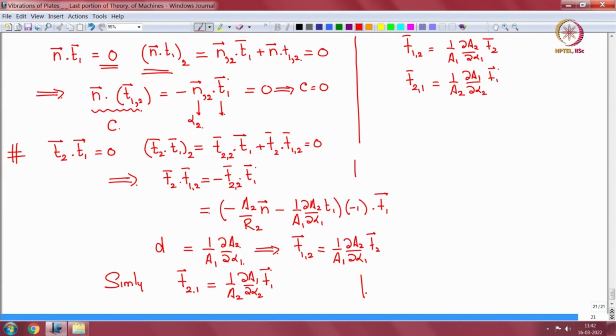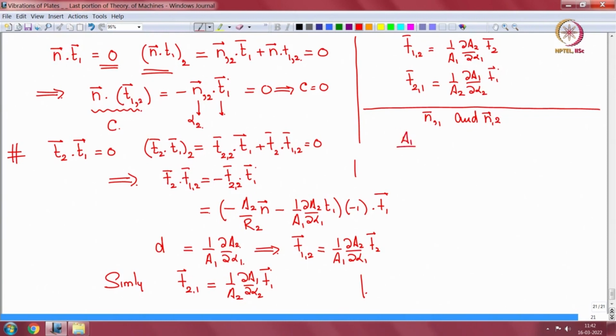Now, what do we have from above? From above we have n bar comma 1 and n bar comma 2. We have these two. So what are they?